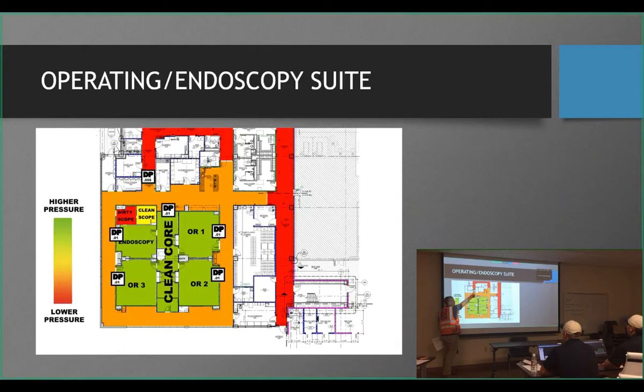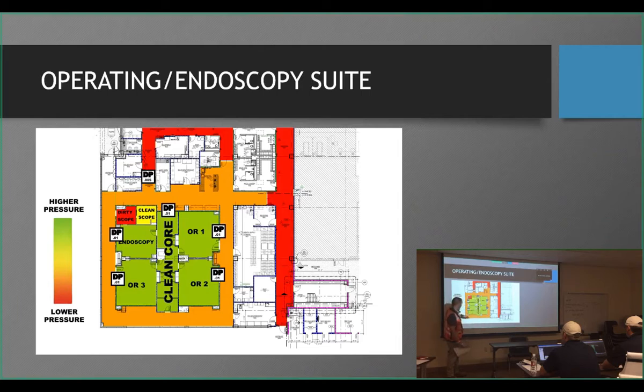There's a monitor right here that monitors across this doorway, the red area being the lower pressures, and the green areas being the higher pressures. This is how this whole area is set up. The ORs and endoscopy suite and the clean core are all your highest pressure area. They are not different relative to one another, but this whole green area is at A pressure.